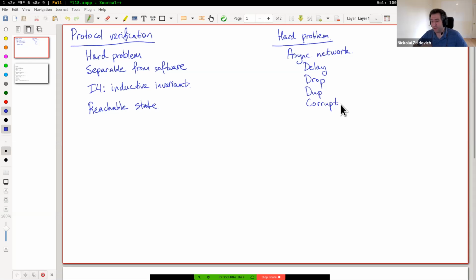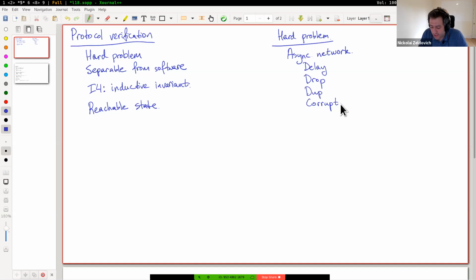So you can receive separate different sets of messages in different orders. Messages might even be corrupted. I should say corruption is probably the easier thing to deal with in this list. But nonetheless, this makes it difficult for the participants in a distributed system to agree on what's going on, because the network in the middle is kind of behaving in funny ways that is not immediately consistent across all machines.